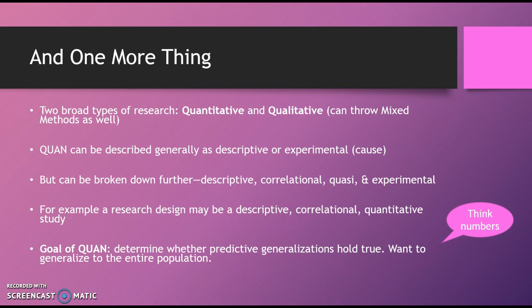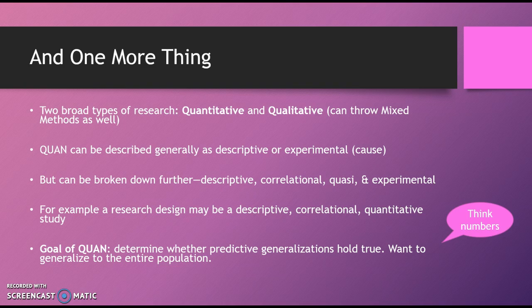A single research design may in fact have the qualities of several of these different research types. So a quantitative study can be a descriptive, correlational, quantitative study. The goal of quantitative research is to be able to generalize the results to the entire population.